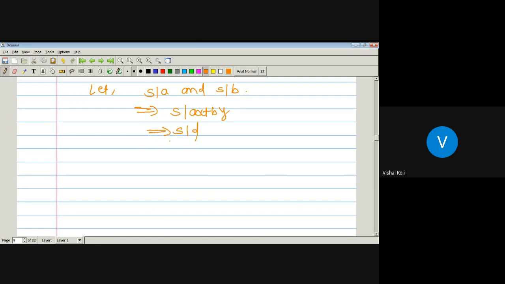So S divides D. By the definition of greatest common divisor, D holds the first condition, that is, D divides A and D divides B. And whenever there is another common divisor S which divides both the integers A and B, then that S is less than or equal to D, or S divides D. It means the second condition also holds, which implies D is the greatest common divisor of A and B. So GCD of A and B is equal to D. But what is D?